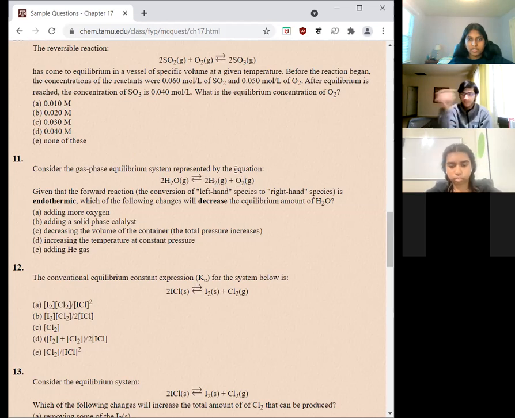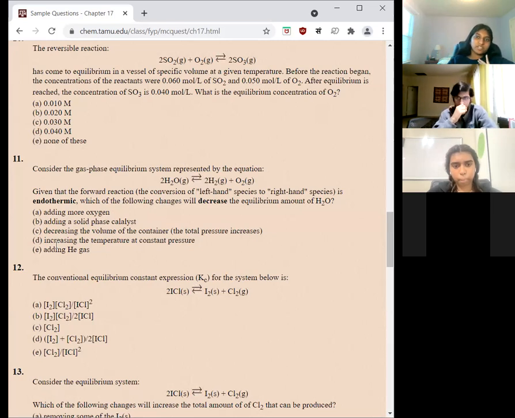So this one would push it toward H2O, so that's also not the correct answer. Just to make sure I understood that right, if you decrease the volume, that's more pressure, and you want to get back to the initial pressure, so you go to the side with fewer moles. Yeah, it doesn't like that there's so much pressure.